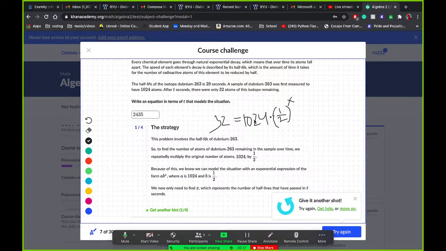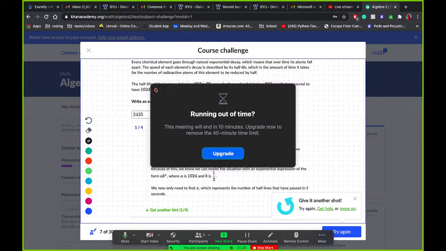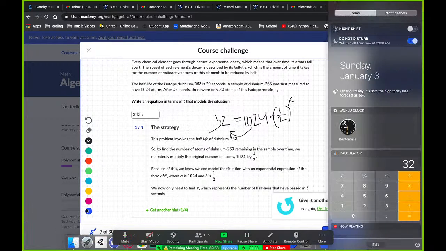And we just solve for x now. So first thing we do, we take 1024 to the other side, and that gives us 32 divided by 1024. So that would be 32 divided by 1024, and that's 0.031321.